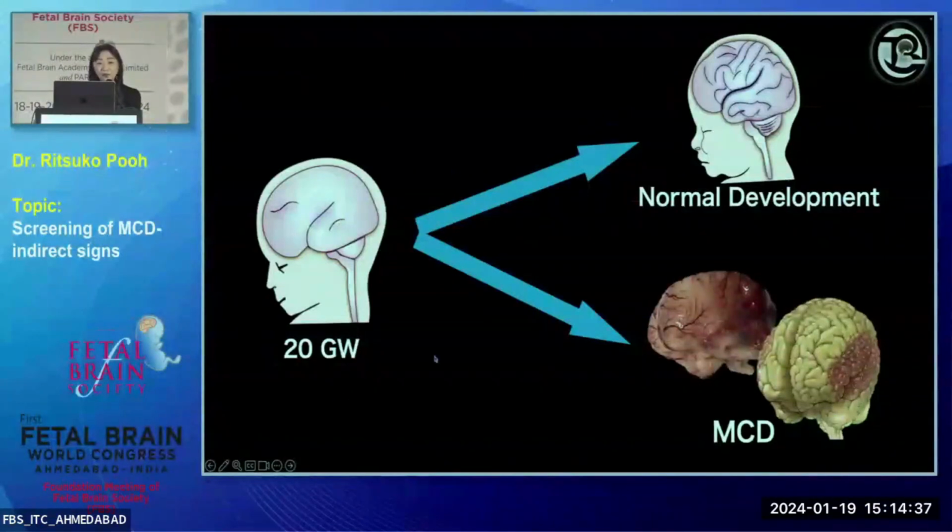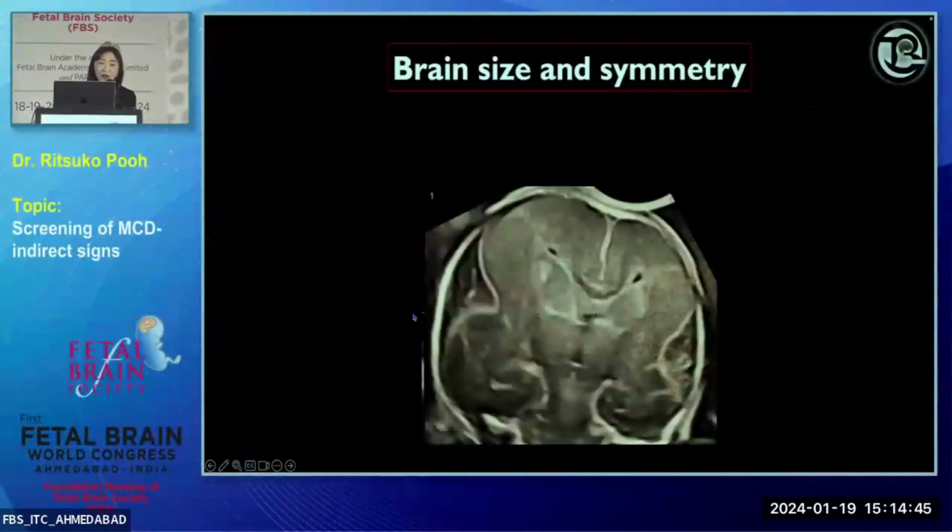Therefore, for the screening of the MCD, around 20 weeks of gestation is our challenge. Of course, you have to measure the BPD and HC, you can measure the brain size, and macrocephaly and microcephaly can indicate the possibility of the MCD.